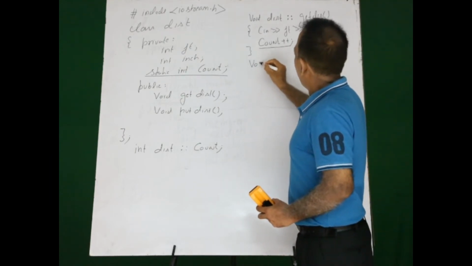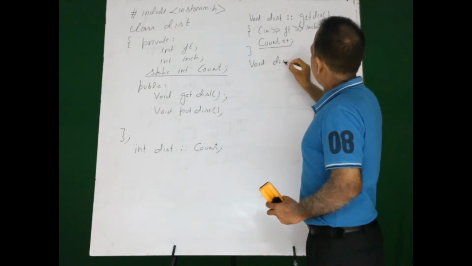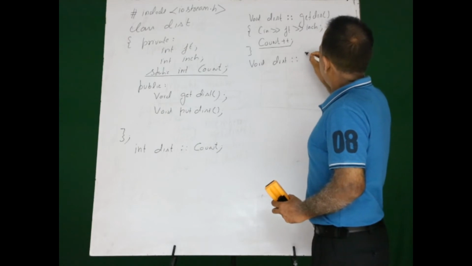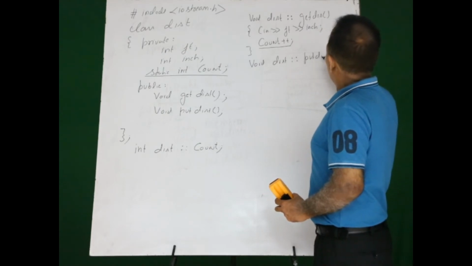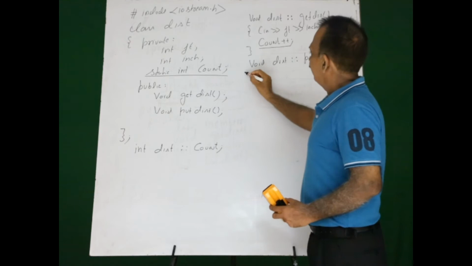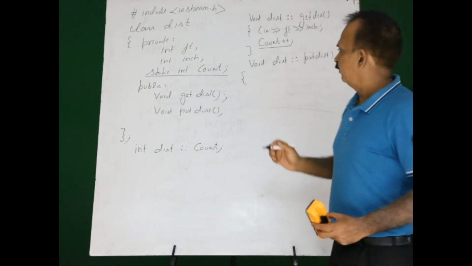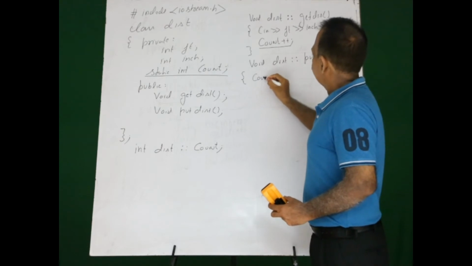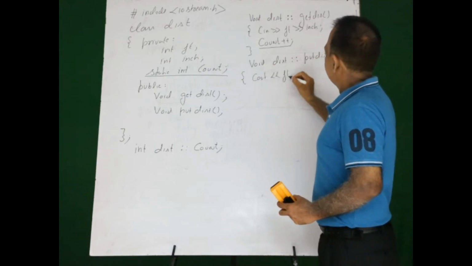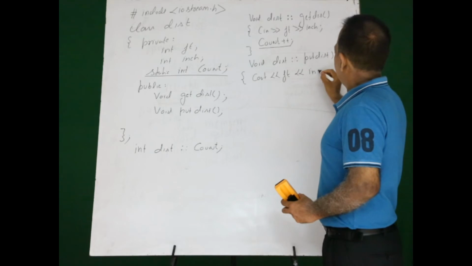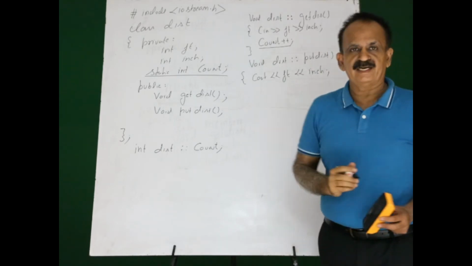Say void, distance scope resolution, put distance. I will display the value of count with this function. Say cout feet and inch.